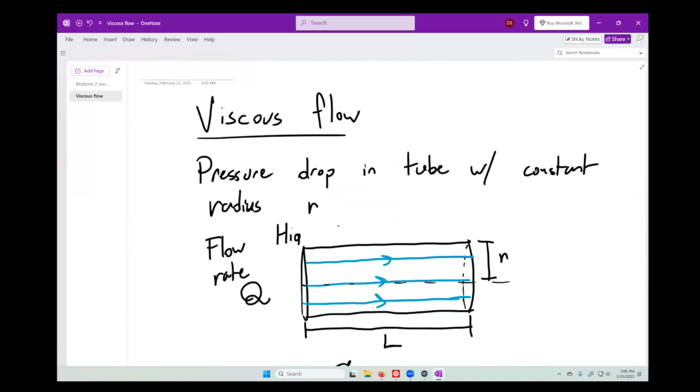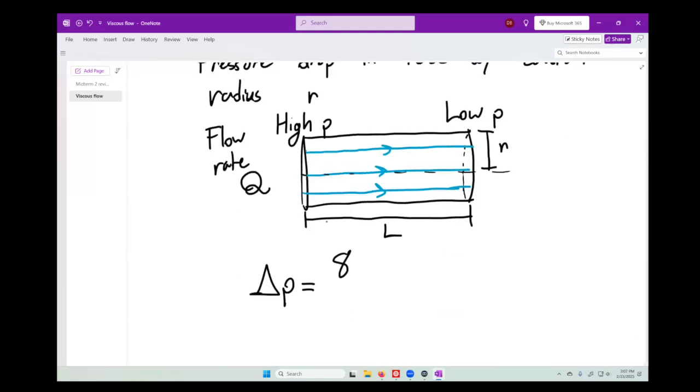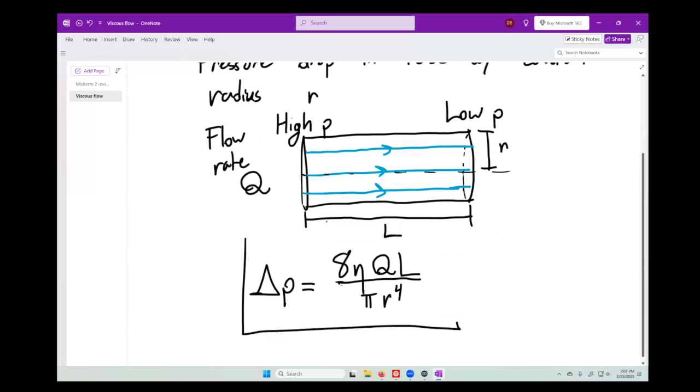We're going from high pressure at this end to low pressure at this end, with the pressure dropping in the direction of the fluid flow. Okay, we have this equation, and that's pretty much it.